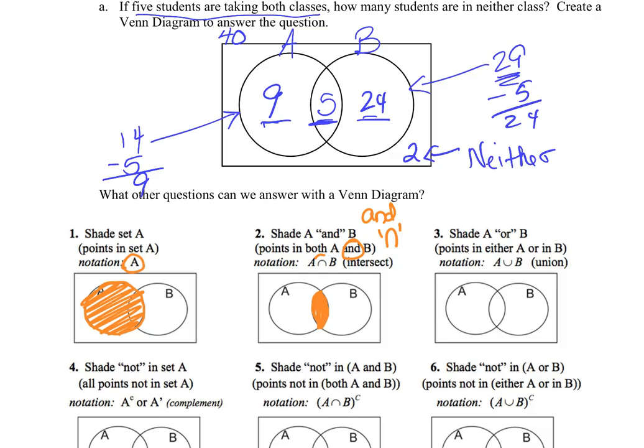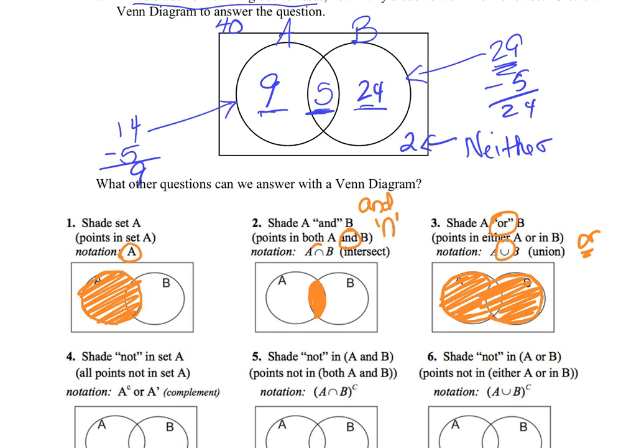Then we have the or. The or here looks like a U, and stands for union, or. And that's both of them: take English or chemistry or both. So it's like both of the circles combined.